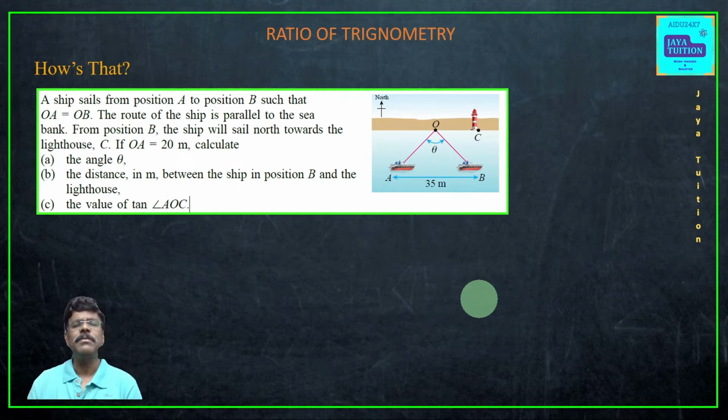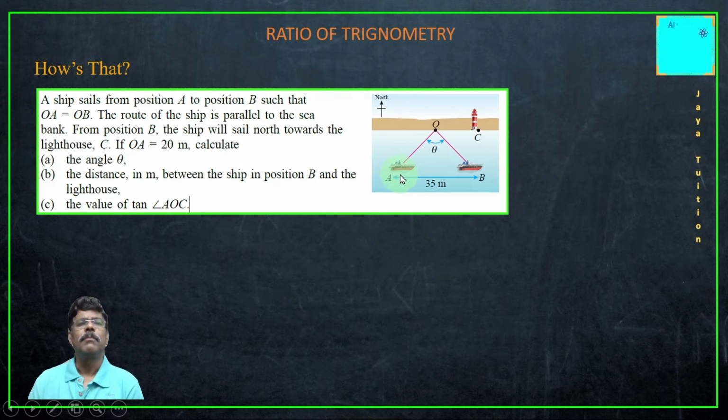Here we have a numerical given to you. A ship sails from position A to position B. OA and OB are equal, and the angle subtended is theta. If OA is equal to 20 meters, this also should be equal to 20 meters.